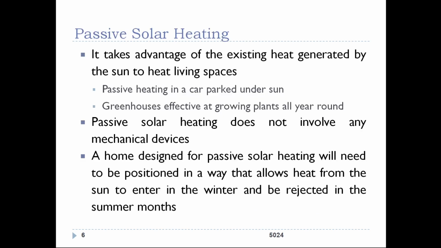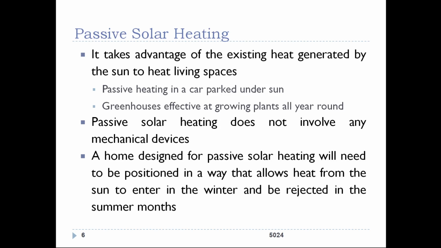First we will see what passive solar heating is. For example, the passive heating up of the inside of a car when it is parked under the sun. The interior of the car gets heated up as a result of the greenhouse effect created by the solar radiation passing through the glass, windshield and windows.